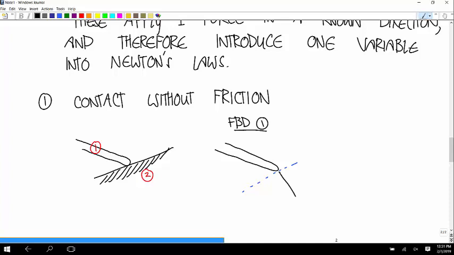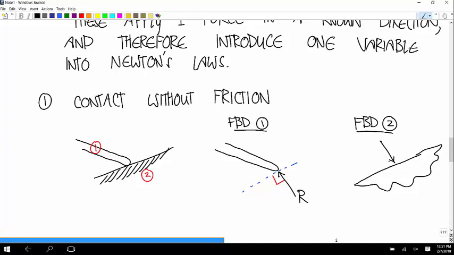We happen to know this is a pushing contact, so it has to be toward the chosen body. And I'll represent that with a variable r. So this has to be perpendicular to the surface. And if you wanted to draw a free body diagram of body 2, it would be equal and opposite because of Newton's third law. So this would also be r.